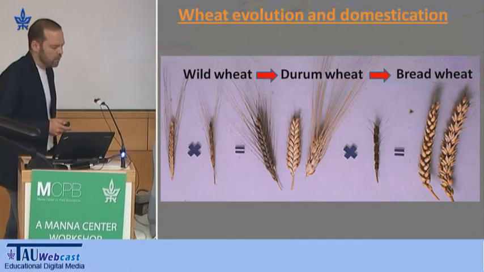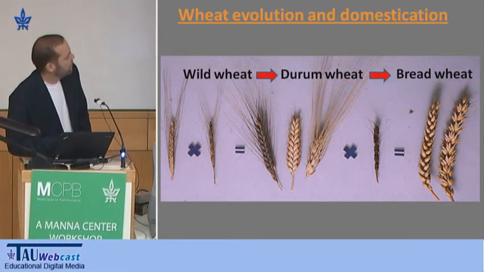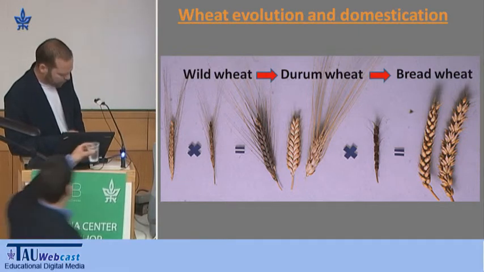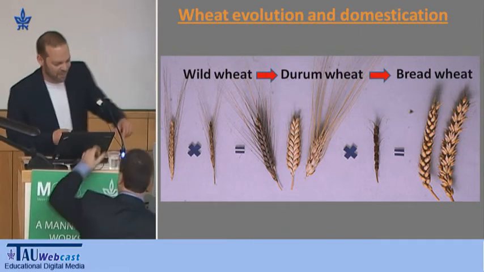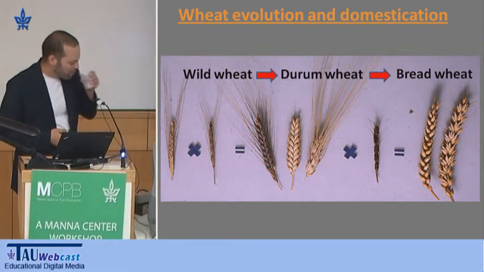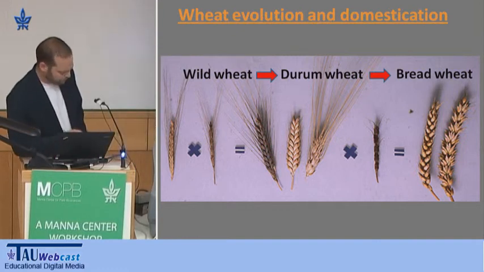So where can we find those beneficial alleles? Part of the answer can be found in the evolution and domestication of wheat, and I will briefly go into that.